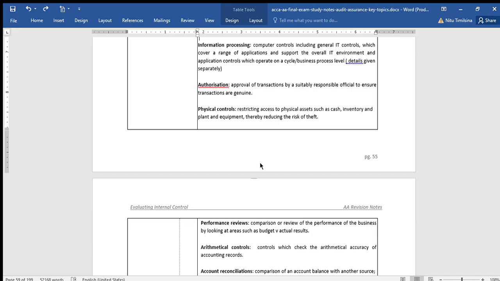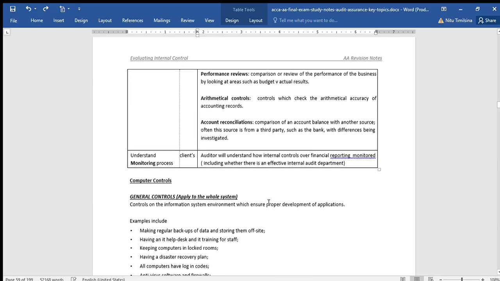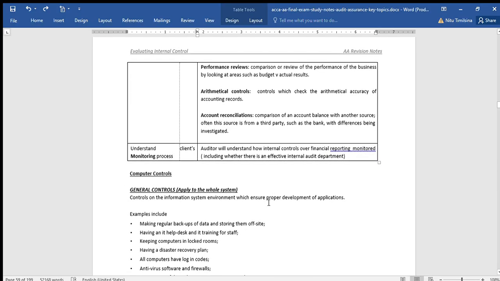Performance reviews, a review of the performance of the business by looking at areas such as budget versus actual result. Arithmetical controls, controls which check the arithmetical accuracy of accounting records. Checking calculations, means accounting reconciliation, comparison of an account balance with another source. Often this source is from third parties such as bank, with differences being investigated. So reconciliation means bank versus book balance.